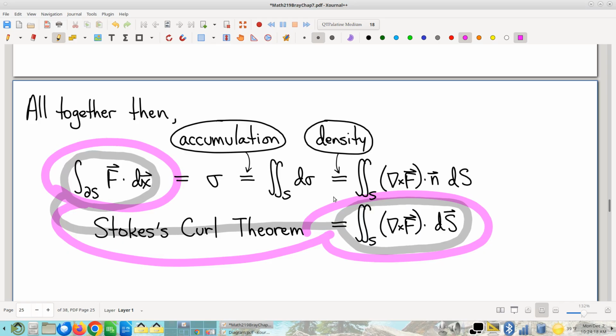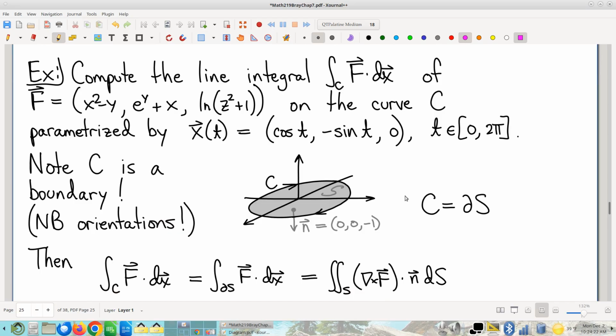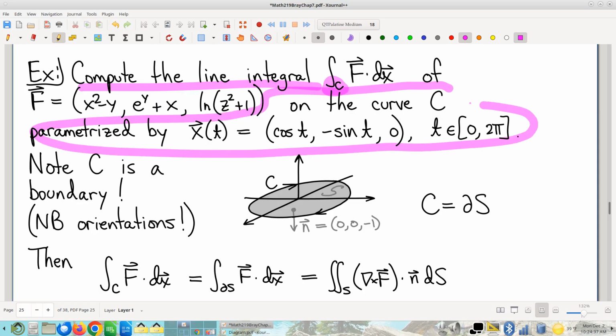Okay. All right. So, example, and we did the details of this example last time, so I'm not going to go through it again. But the big idea here is to note that when you're asked for a line integral over a curve, what you need to do is to figure out how to view that curve as being a boundary of a surface.